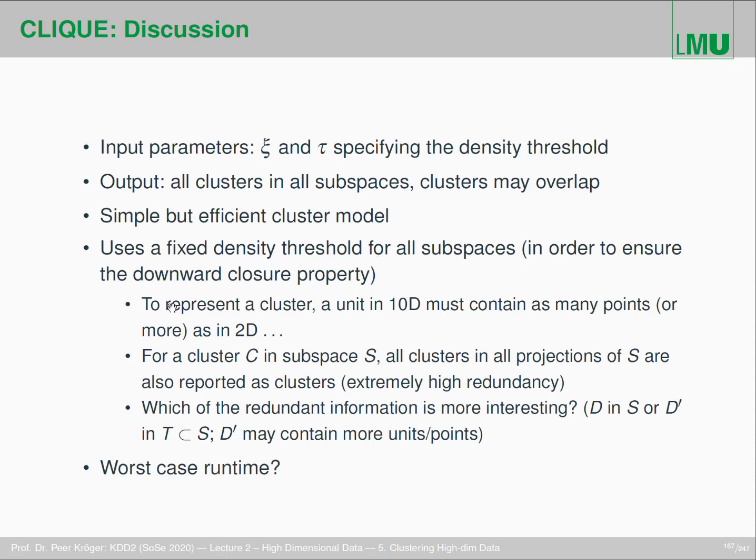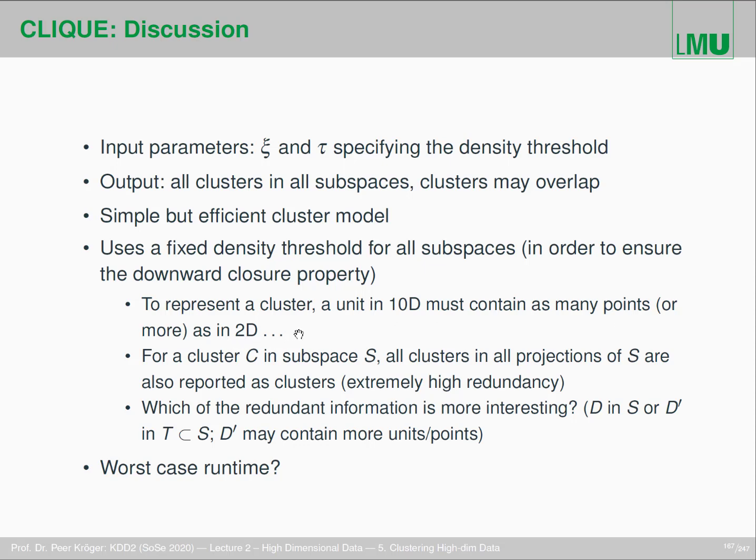So what are the problems with this fixed density threshold? Well, in fact, to represent a cluster in 10D, a 10-dimensional unit must contain as many points as in 2 dimensions.